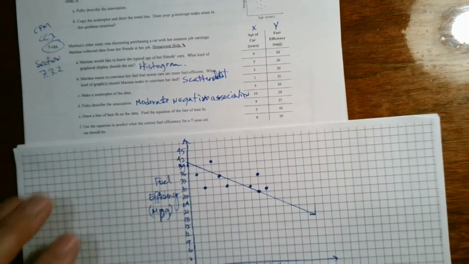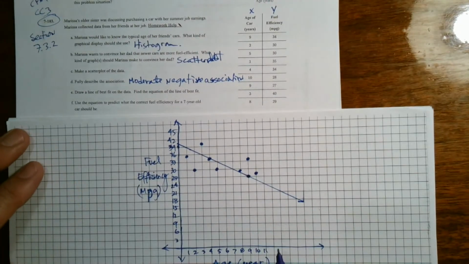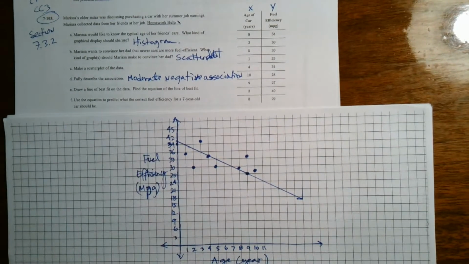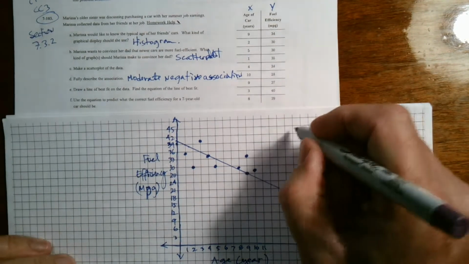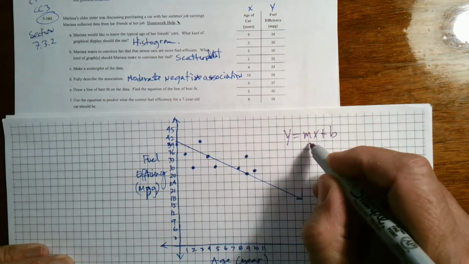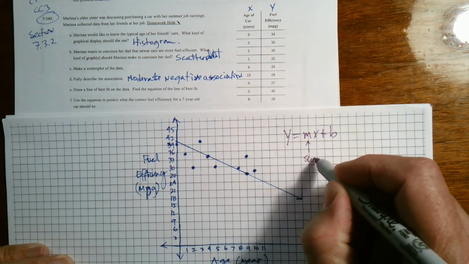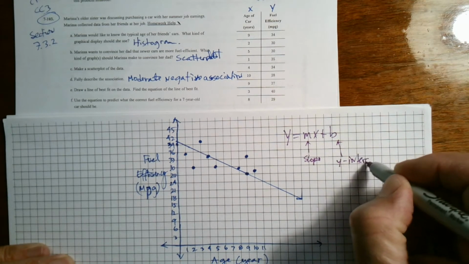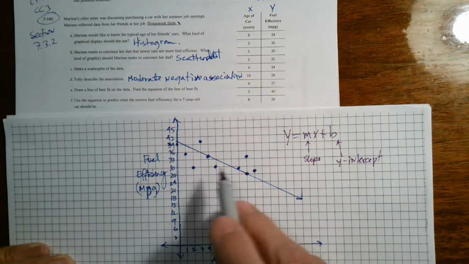So we can see that line is negative. It's downhill. So it is a negative association. Now we've got to find the equation of that line. To find the equation of a line, a couple things, right? So you know an equation of a line is y equals mx plus b. Your m is your slope, right? And your b is your y-intercept. So those are the things I need to find with this line.